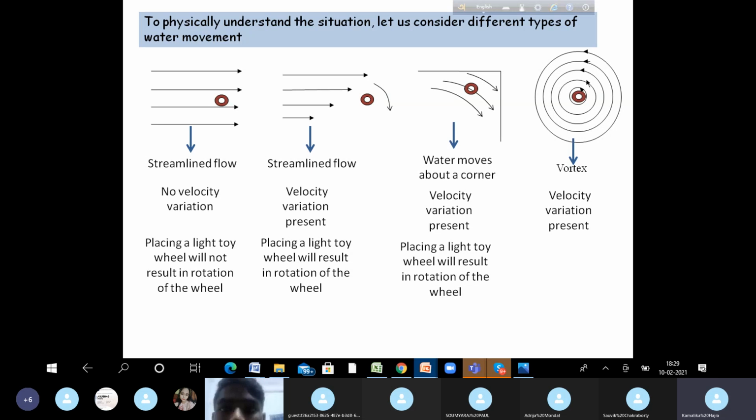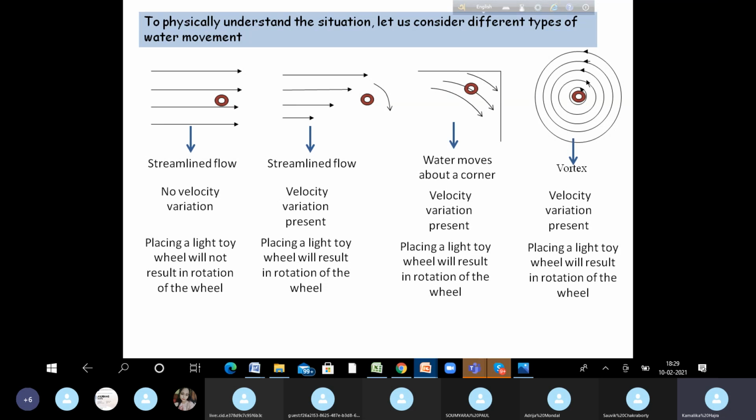And now if you put the toy of ours with which we have been experimenting from the beginning of this discussion anywhere, be it the center or somewhere other than the center, it will definitely start rotating because there will be a resultant torque acting on it because of the difference in force acting on its different edges, and the wheel will start rotating. So curl V is not zero, which is why there is an angular velocity and which makes the wheel rotate.